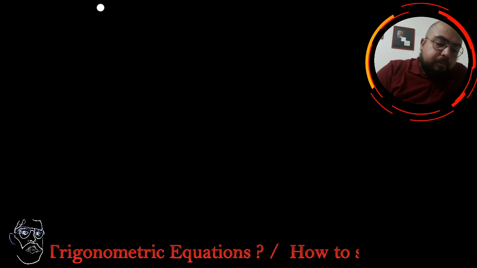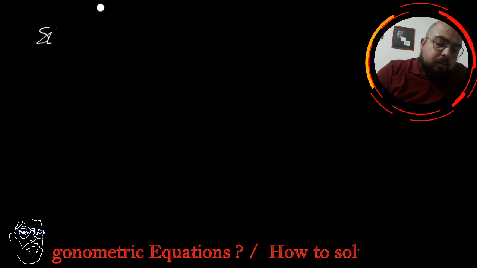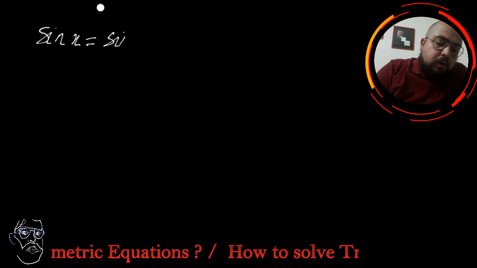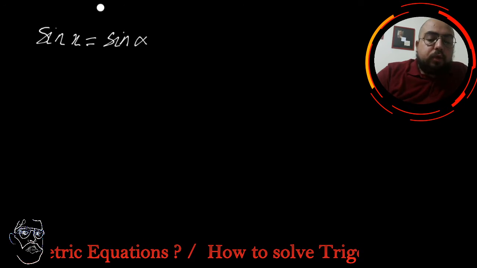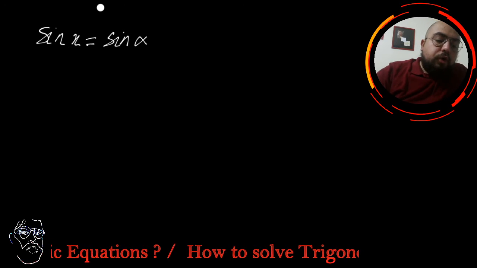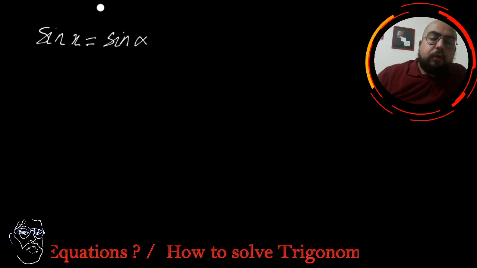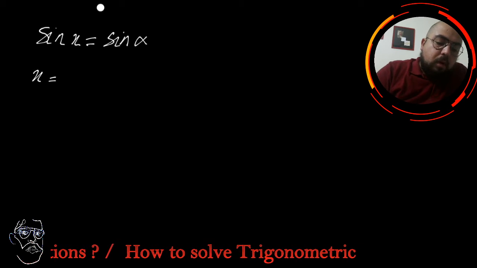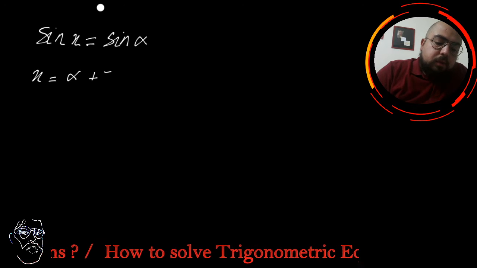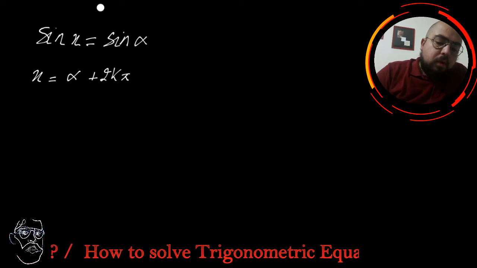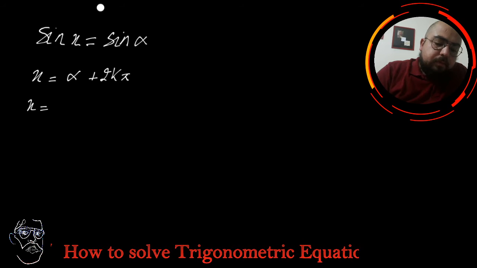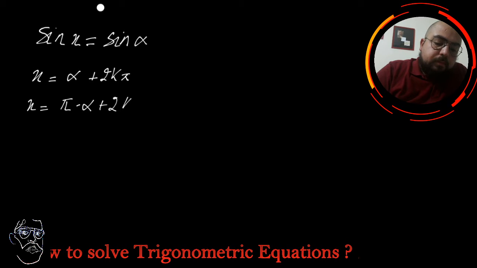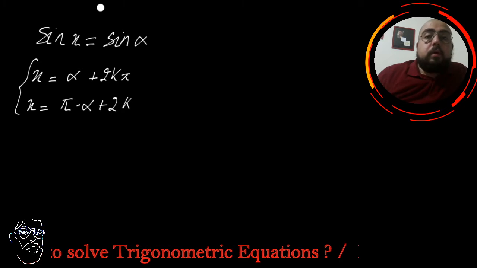Whenever we have sine x equal to sine alpha, the solutions for this equation will be x is equal to alpha plus 2k pi, or x is equal to pi minus alpha plus 2k pi. So you have these solutions.